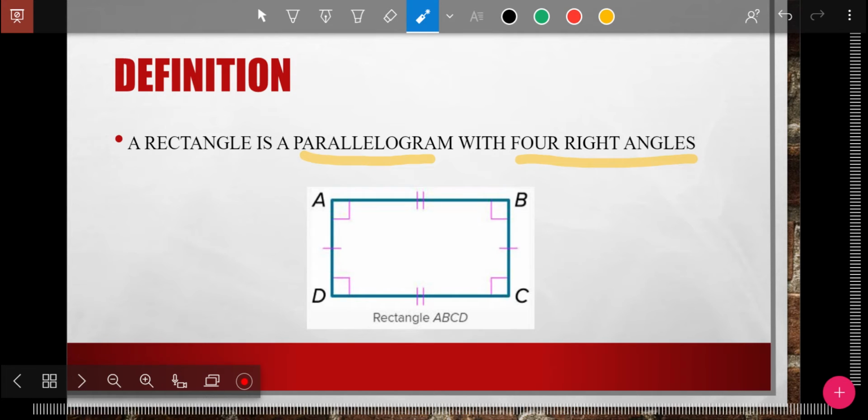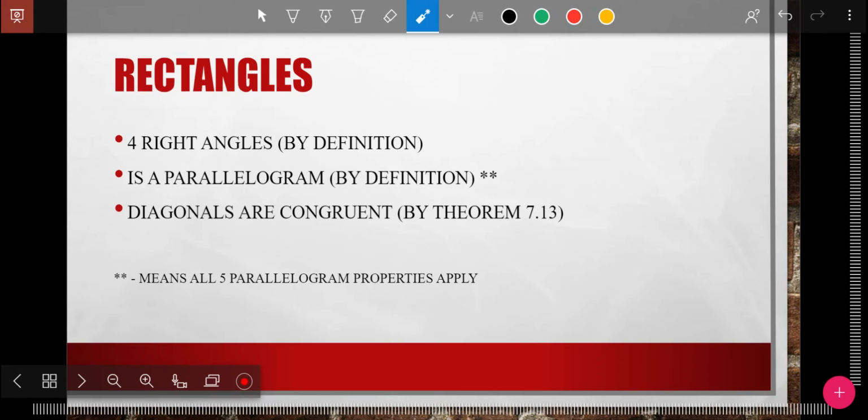Why? It's a parallelogram. This tells us all of those old rules, but this is the new rule that makes it a rectangle: 4 right angles. These are really the rules you need to know. Again, 4 right angles, then it's a parallelogram.